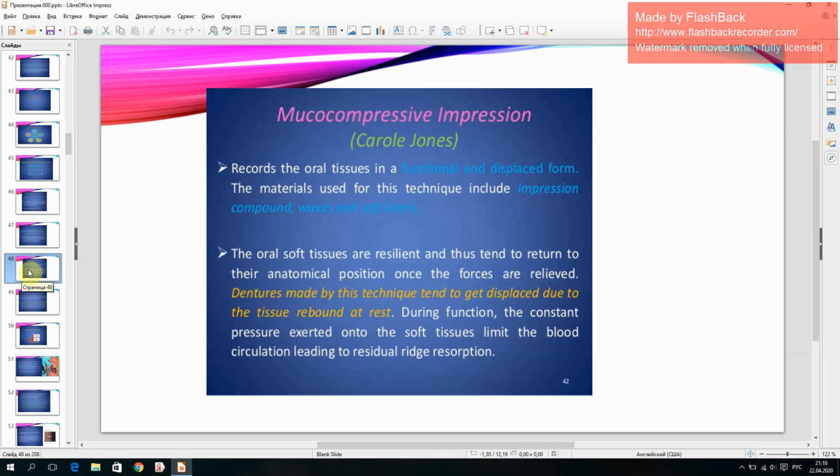Dentures made by this technique tend to get displaced due to the tissue rebound at rest. During function, the constant pressure exerted onto the soft tissues limits the blood circulation, leading to residual ridge resorption.